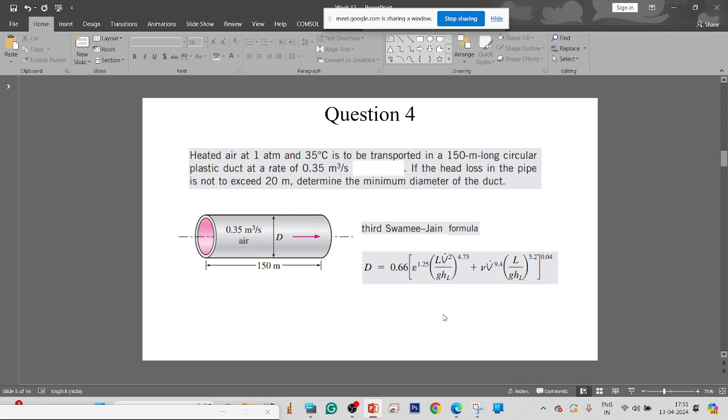Diameter can also be determined by using the third Swamee-Jain formula given here. If you use this, the diameter will be 0.271 meter. Or we can use the iterative method, and by the iterative method we find the diameter to be 0.267.